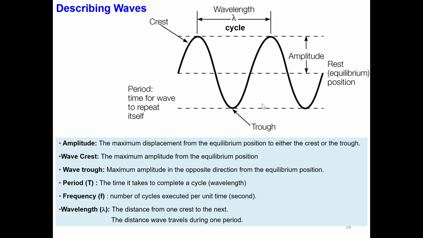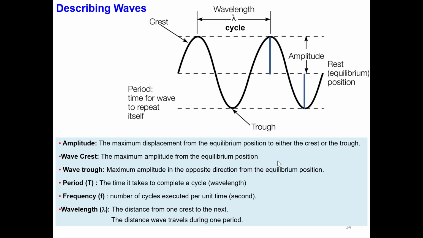Then we want to review some variables. The first is the amplitude. The amplitude is the maximum displacement from the equilibrium position. Yes, this is the amplitude. This is the amplitude in the opposite direction from the equilibrium position.